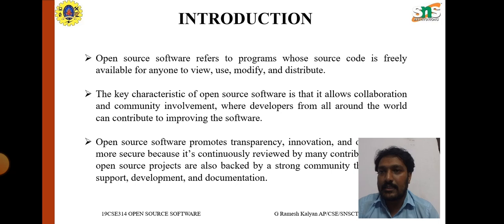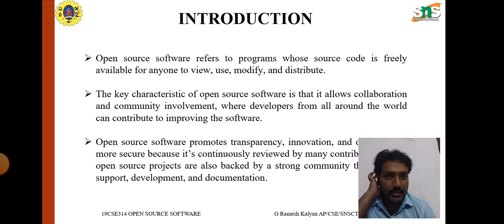The second key characteristic of open source software is that it allows collaboration and community involvement, where developers from all around the world can contribute to improving the software. As I said previously, the source code is available, and the rights for modifying, distributing or using the source code are given to the software communities, which include a group of persons with some common interest.